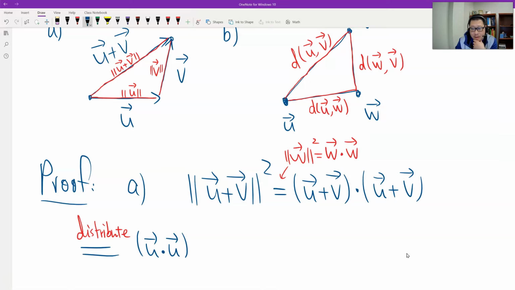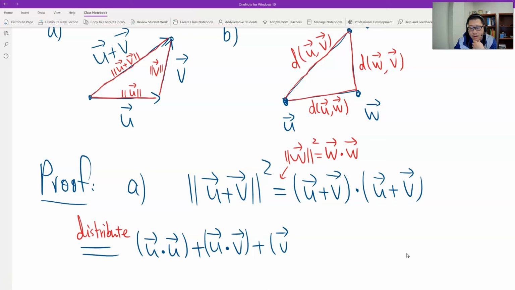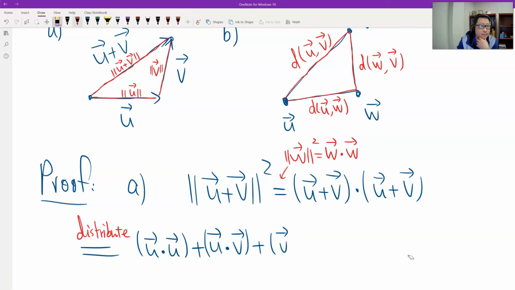So now I will distribute the first term and then the last term. The outer, which is u dot v, then the inner, which is v dot u, and then the last is v dot v, right?